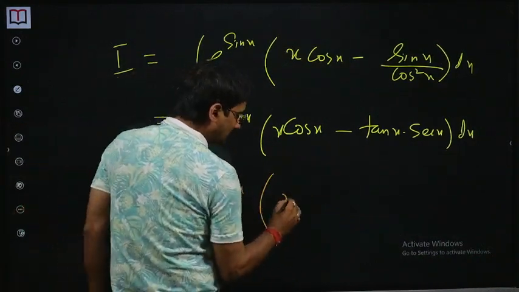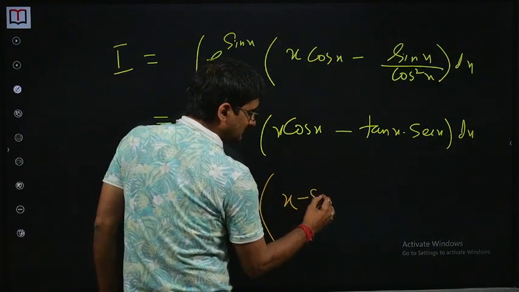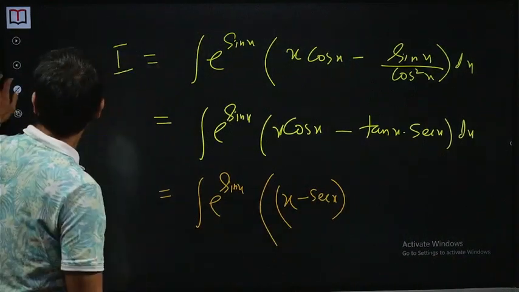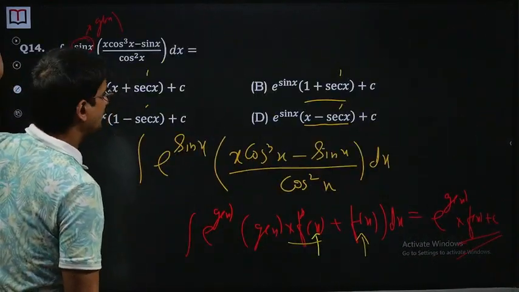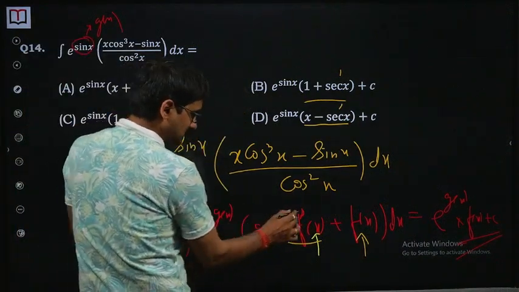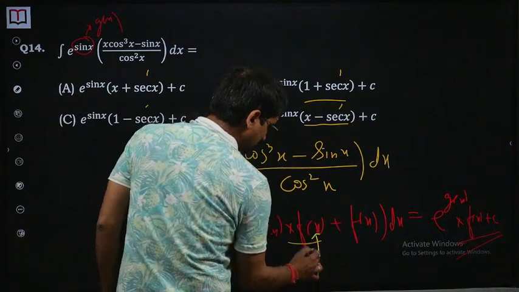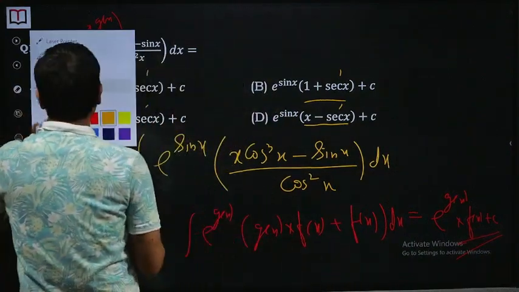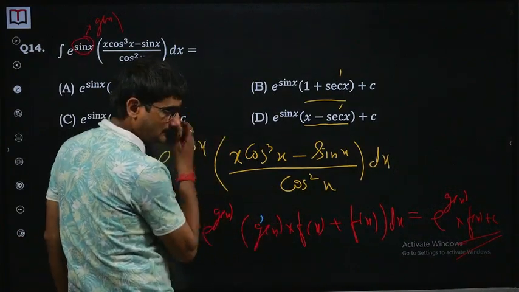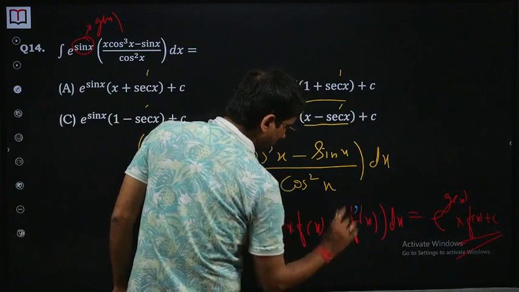Okay. So x minus sec x. I'm sorry. It has to be g dash x, f(x), and f dash x. I'm sorry, bacho. Really sorry. Shouldn't have happened. g dash x into f(x), right? f dash x. Okay.